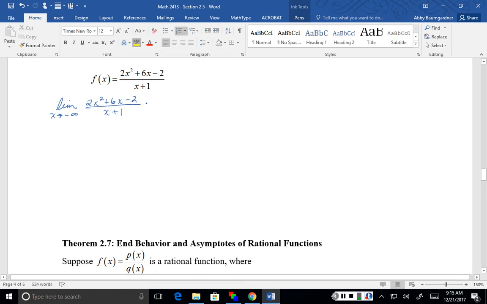So first thing we want to do is divide by the biggest variable in the denominator, not the biggest variable in the problem. A lot of students make that mistake. The biggest variable in the problem is x squared. We don't care. We want to divide by the biggest variable in the denominator. So we are dividing everything by x.